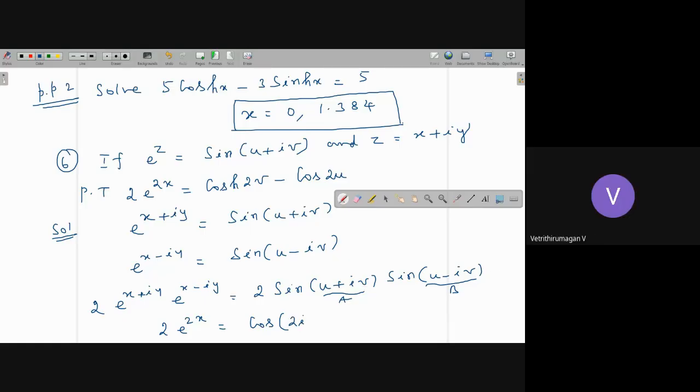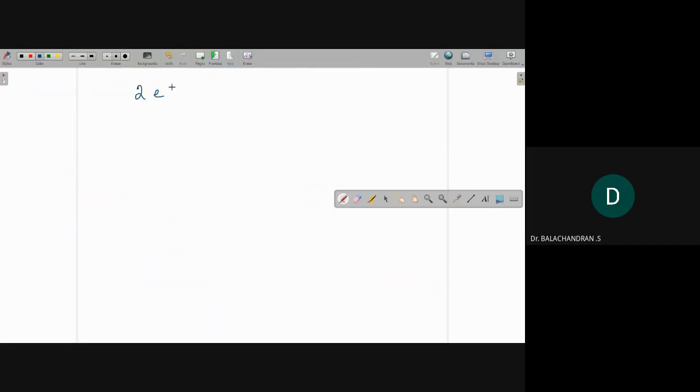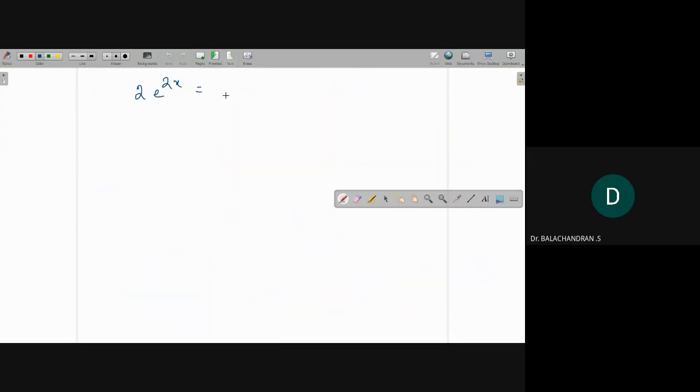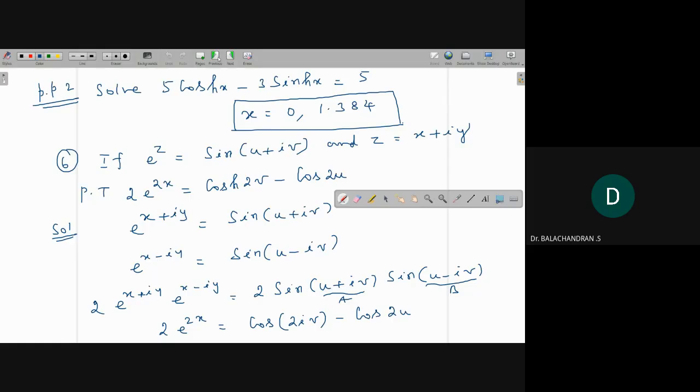Minus cos of a plus b. Cos of a plus b, if you add this one, you'll get 2u. So you'll get the answer. So 2 into e power 2x, you'll get cos 2iv, which is cos h2v, minus cos 2u.